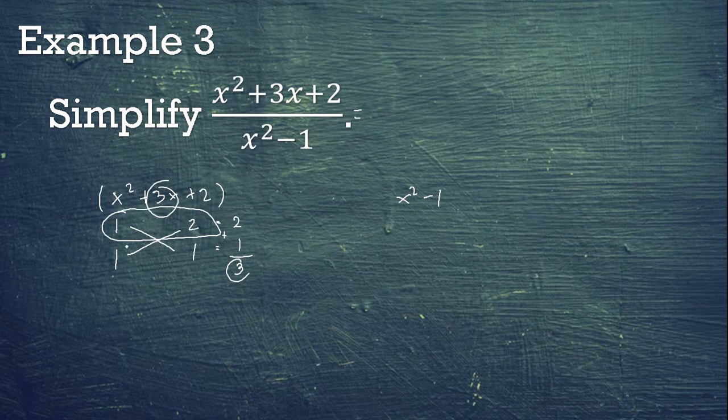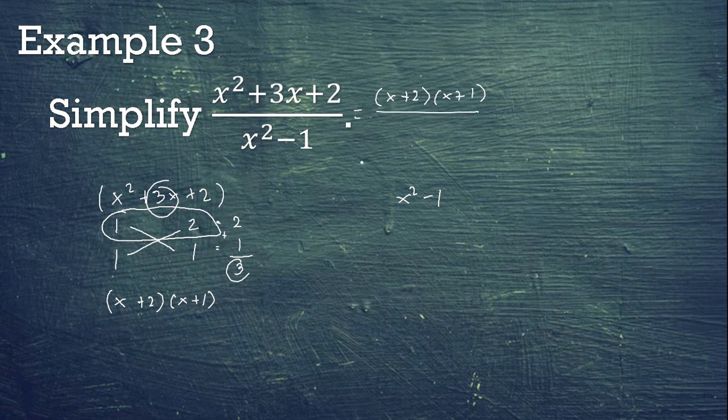So here, I have x plus 2 and x plus 1. So these are the correct factors of the given trinomial. So now we will just write it here: x plus 2 and x plus 1.